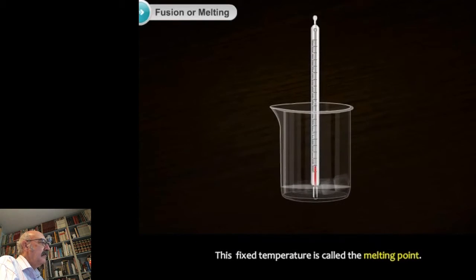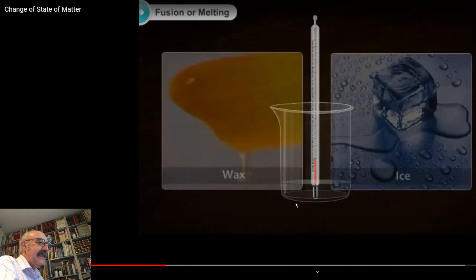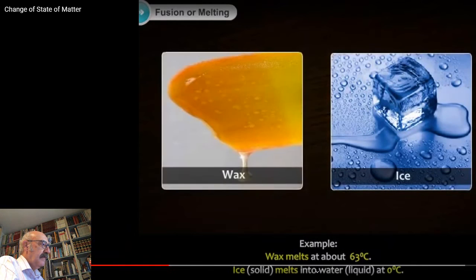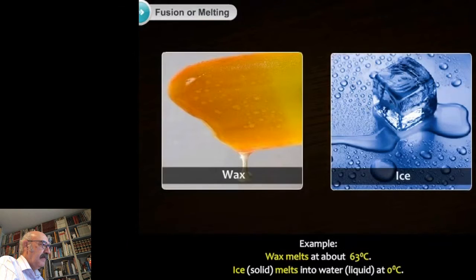This fixed temperature is called the melting point. Each substance has its own melting point. In the case of water, it's 0 degrees Celsius, but each substance has its own melting point. Example: wax melts at about 63 degrees Celsius.